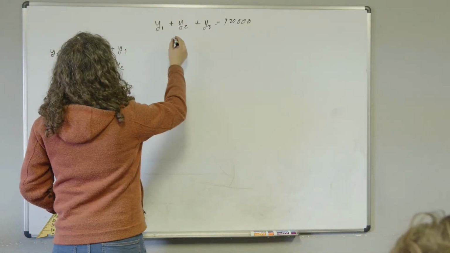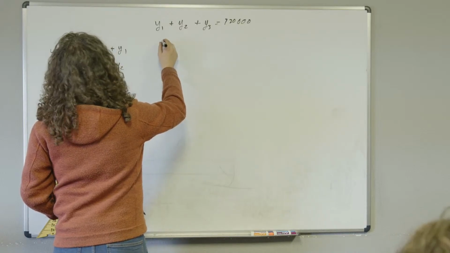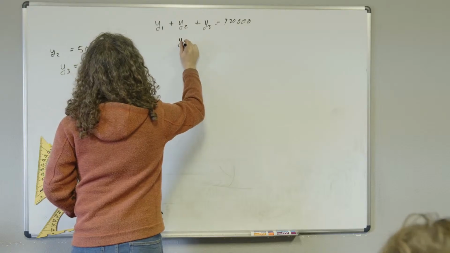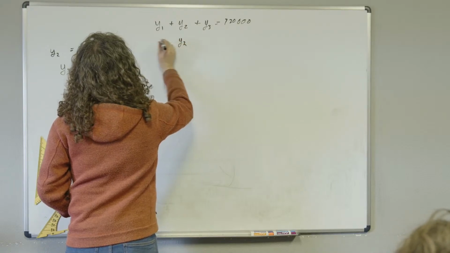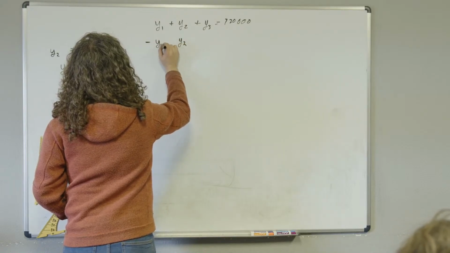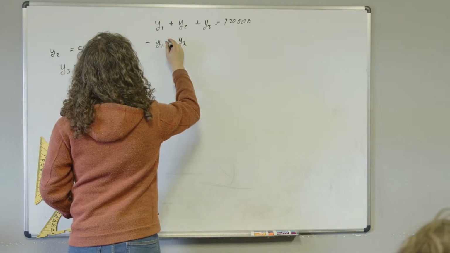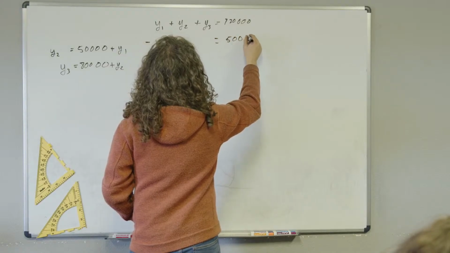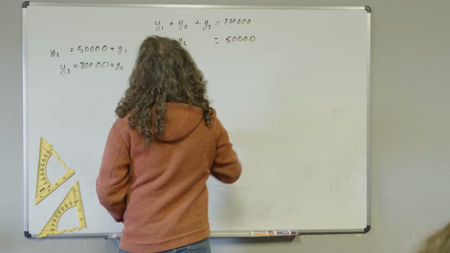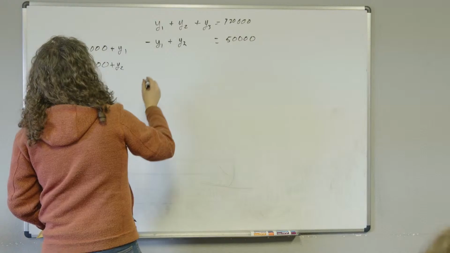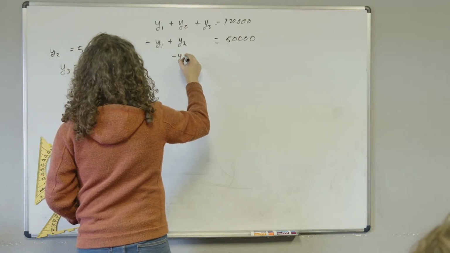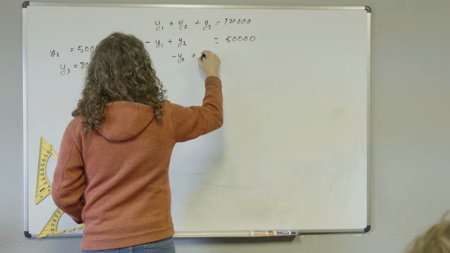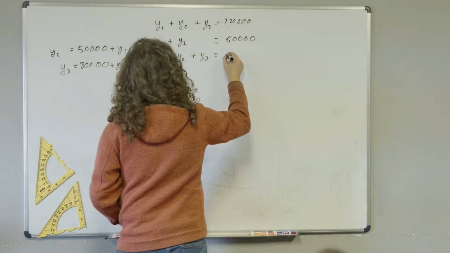Subtract off these years and turn these guys into, let me actually line this up, year 2 minus year 1, right? Equals 50,000. And year 3 minus year 2 equals 80,000.